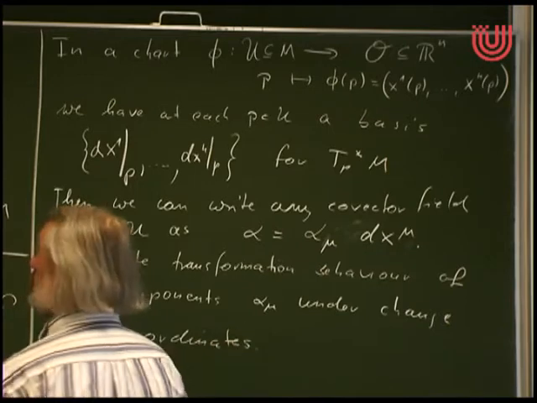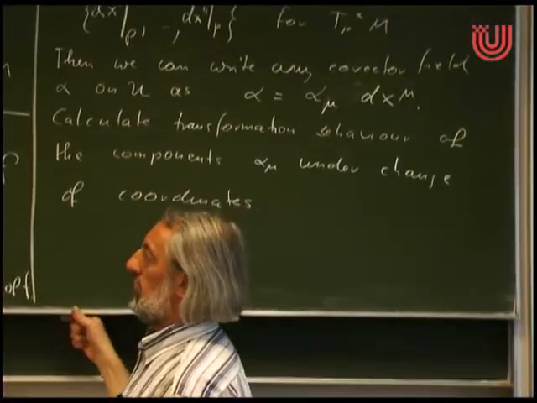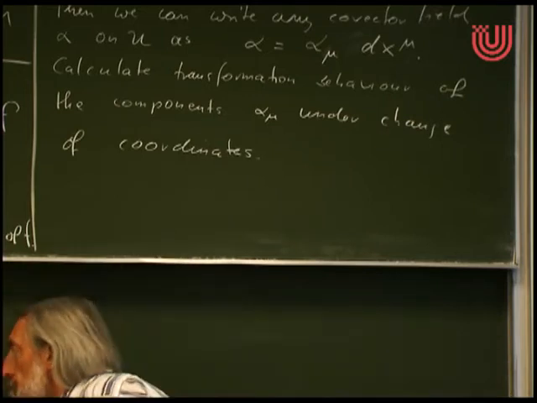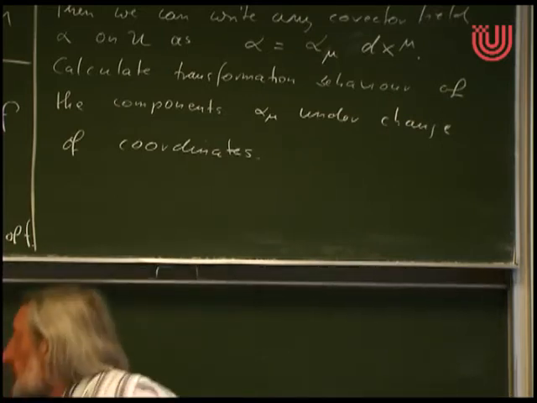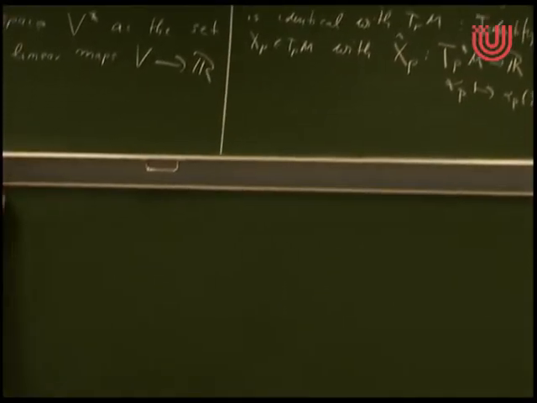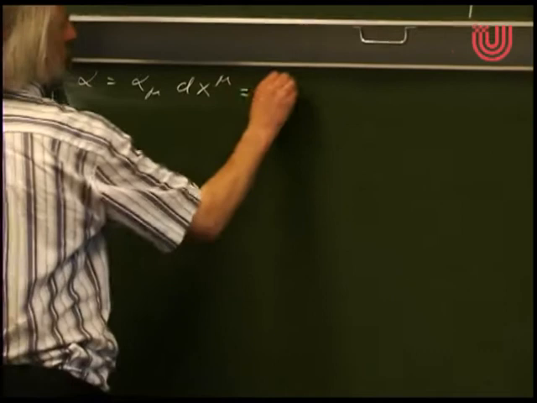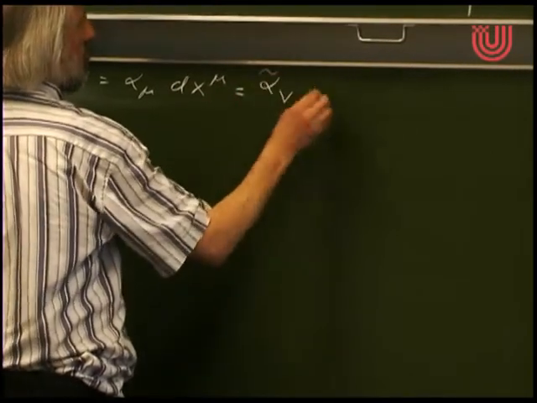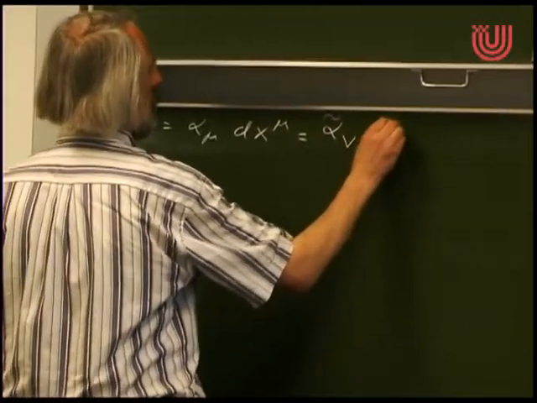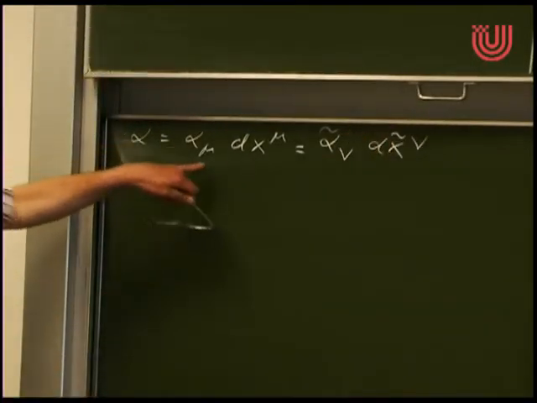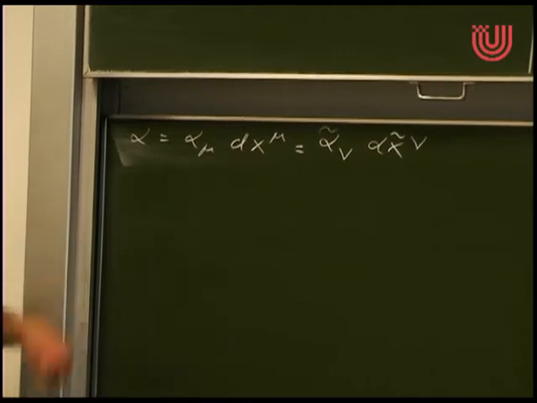We want to do the same calculation we did last time for the vector fields, now for the covector fields. So we write our alpha as alpha mu dx mu, and in another chart we write it as alpha nu tilde dx nu tilde. And we want to know how these two are related.